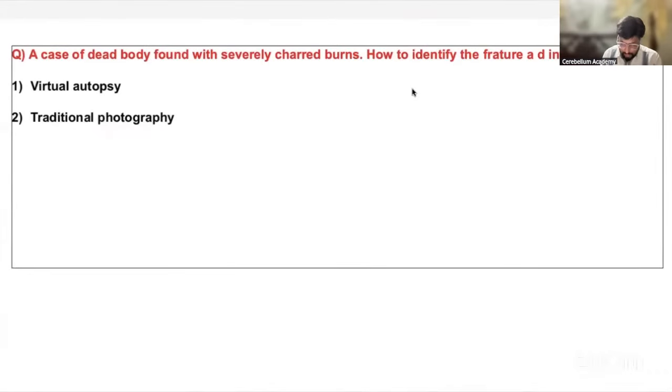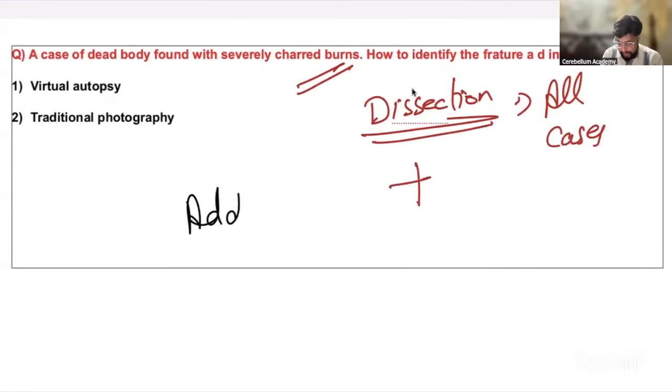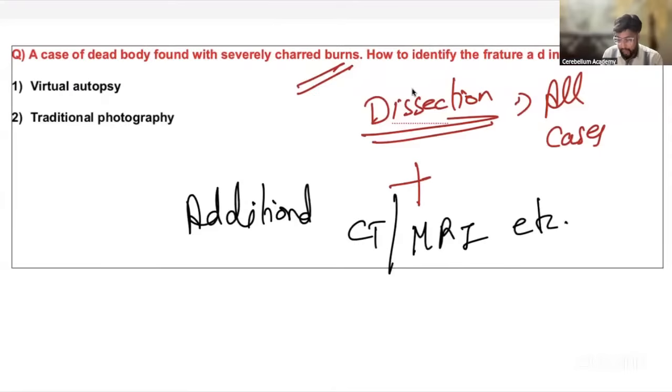One of the questions was, if a severely burnt body is found, what kind of autopsy will we do? Please remember that dissection is done in almost all cases. Apart from that, you can do additional CT, MRI, etc. to help.